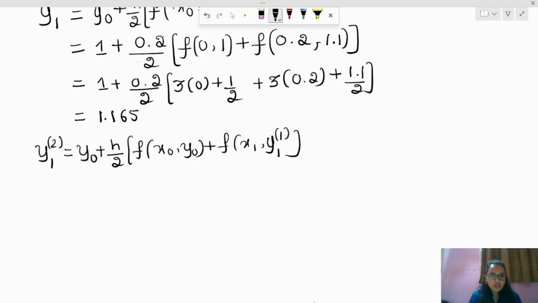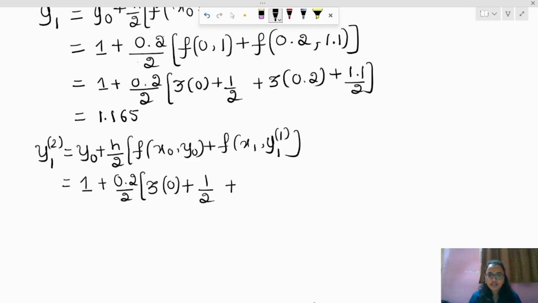Directly substituting in the function, y0 value is 1, h is 0.2 divided by 2, multiplied by x0 is 0, y0 is 1, so 3 times 0 plus 1 divided by 2, followed by plus.